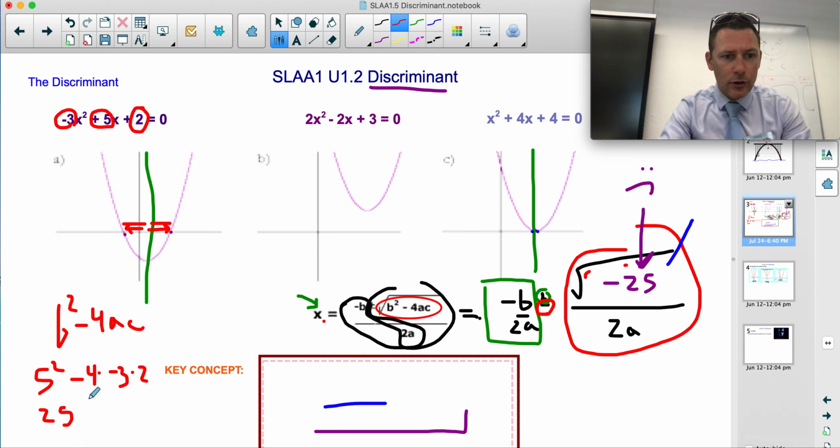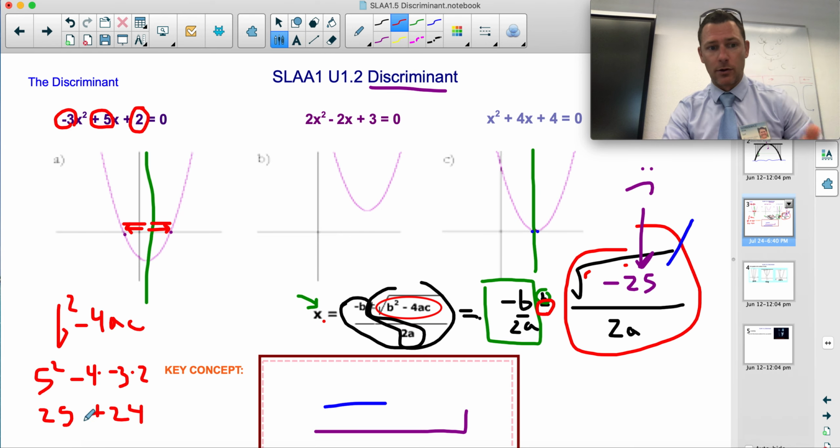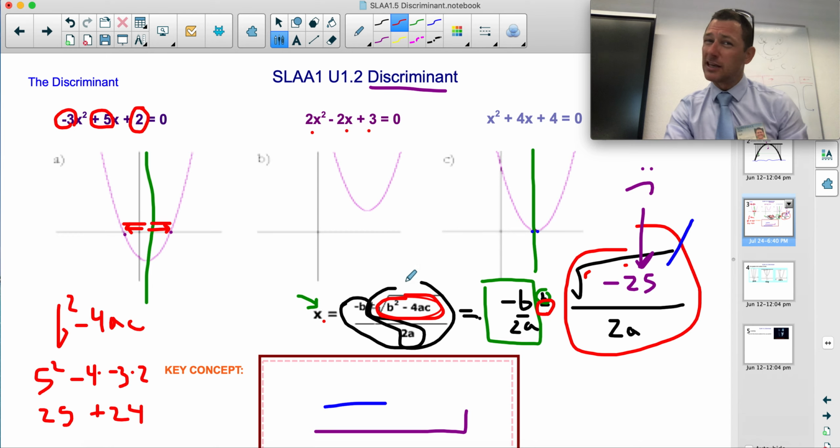This is 12, 24, and it's positive, plus 24. At this point, I don't even care what the number is. That has no value. It's just, is it positive or negative or 0? I know it's going to be positive, which gives me two solutions, right? So you're just peeling A, B, C out and dealing with this little piece. I think you've seen that before.